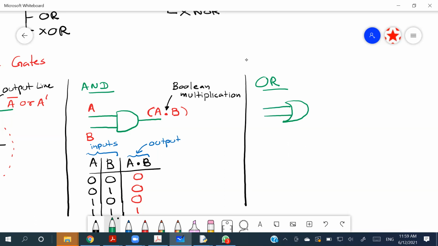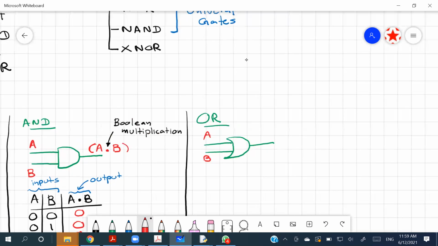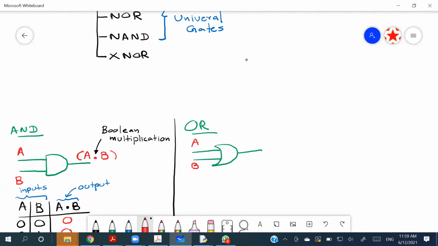And it has two inputs and can also have more, and it has one output. When we give A and B to this particular gate, it outputs A dot B as its output.